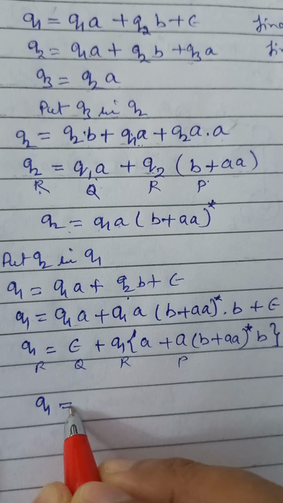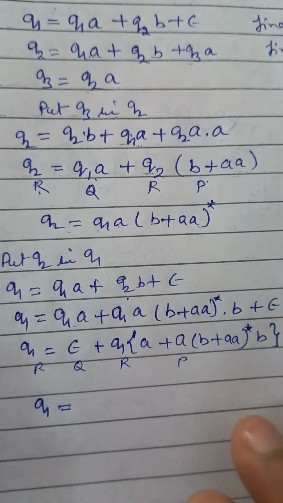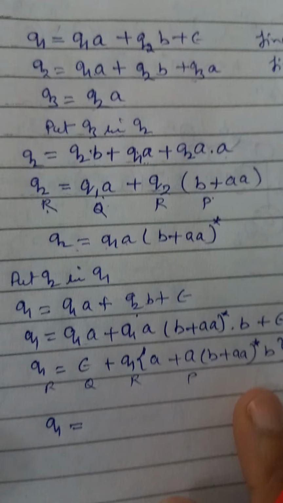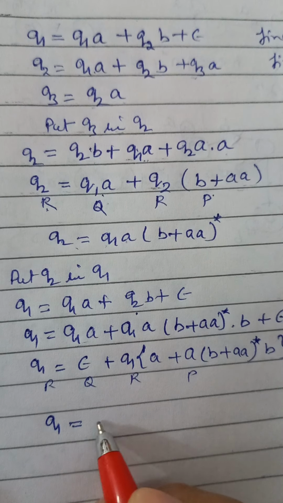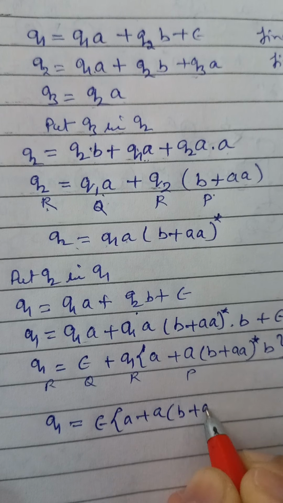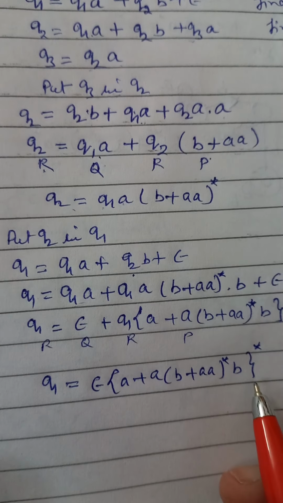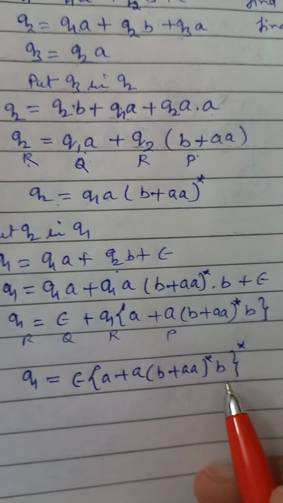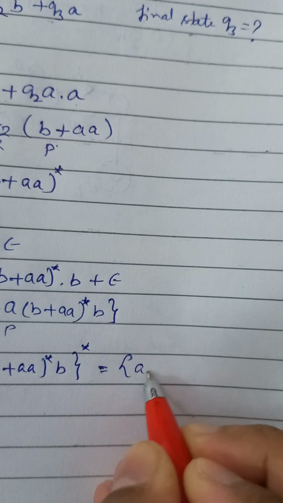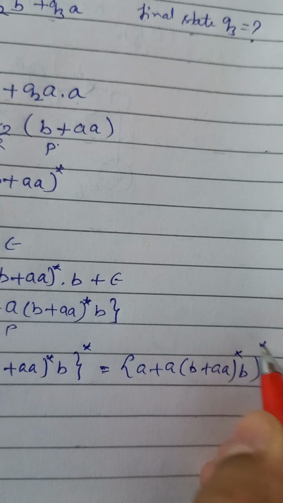If R is equal to Q plus RP, then R is equal to QP star. So R equals QP star, which is (a plus a (b plus aa) whole star b) whole star. We can remove epsilon from here, so the value will be (a plus a (b plus aa) whole star b) whole star.